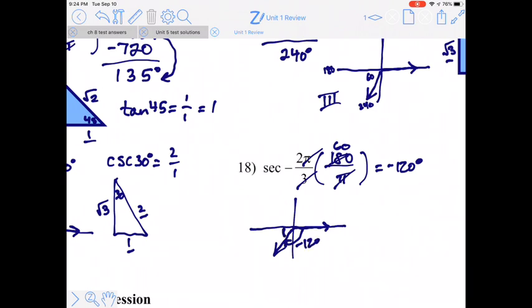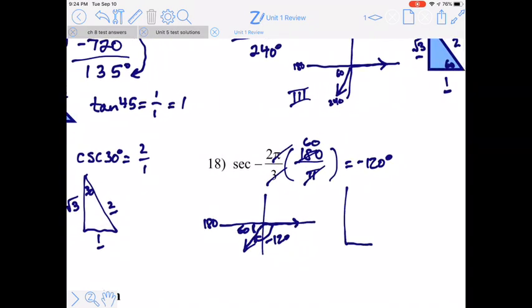The reference angle would be drawn to the x-axis there. So if we have 180 and negative 120, negative 120 is the same thing as positive 240. So this would be a distance there of 60 degrees. So the reference angle there is 60.